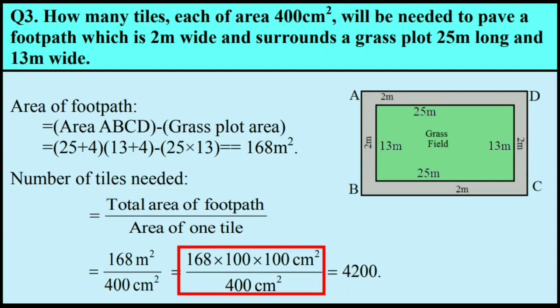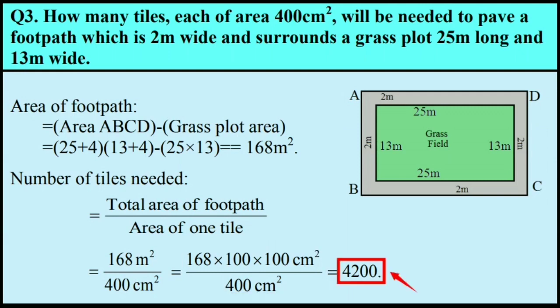The expression is the area of the footpath, that is 168 multiplied by 100 multiplied by 100 centimeters square, divided by area of one tile, that is 400 centimeters square, and finally the result obtained is 4200. Hence number of tiles required to pave the footpath is 4200.